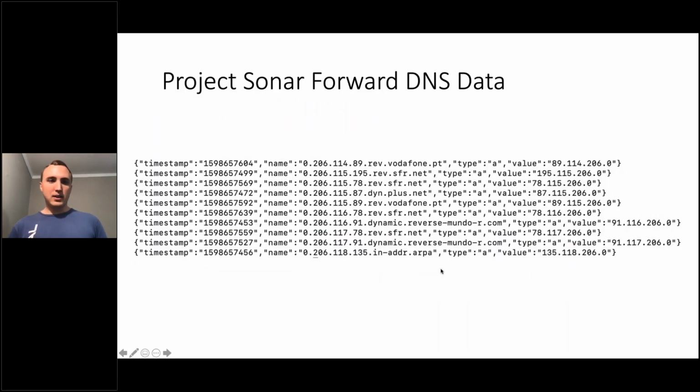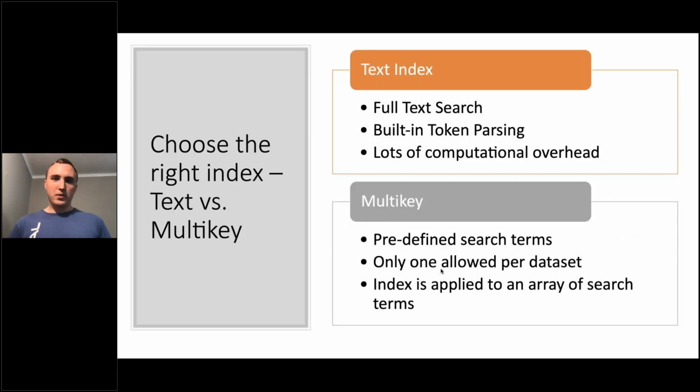So this is what the raw data looks like. It has timestamp, the name, which is the actual record itself, the type, and then what it resolved to as an IP.